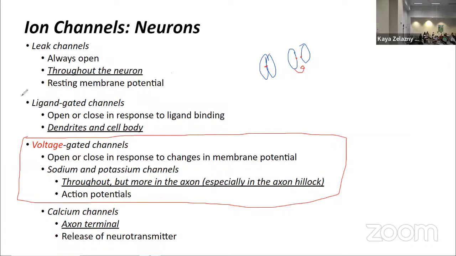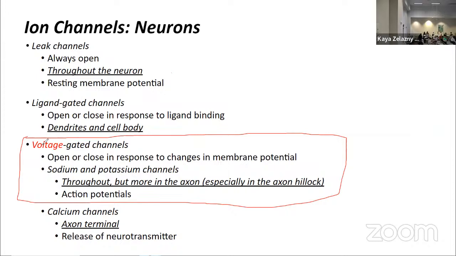These voltage-gated channels are concentrated in the areas where we are sending off our action potential. That's where we care about them the most. They open and close when the membrane potential changes, specifically when it gets to the threshold value. That's why we've been trying to see whether the graded potential sums up to threshold or not.